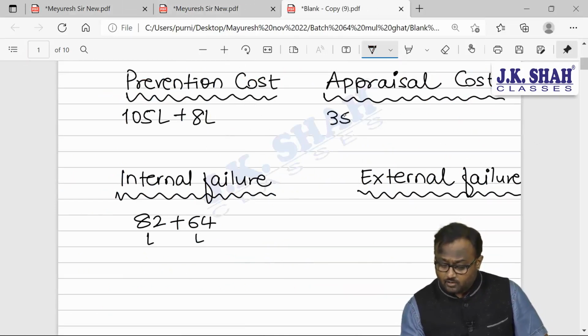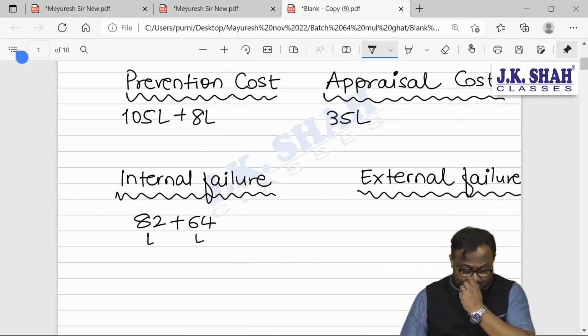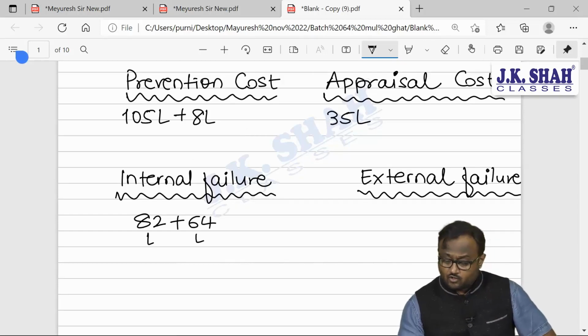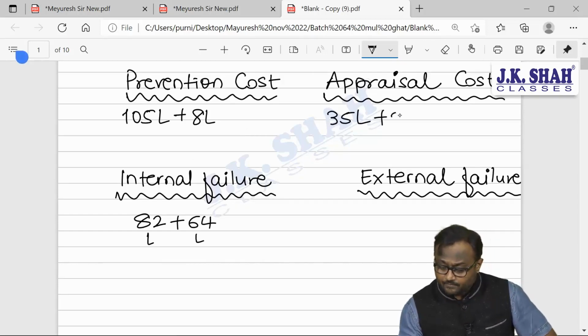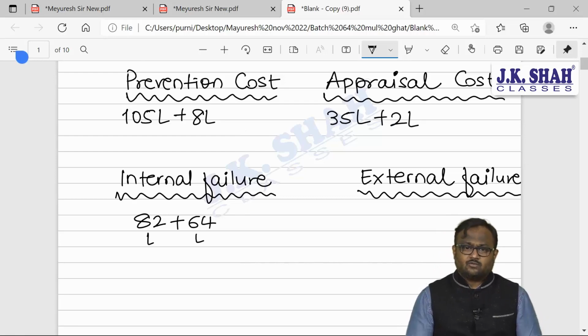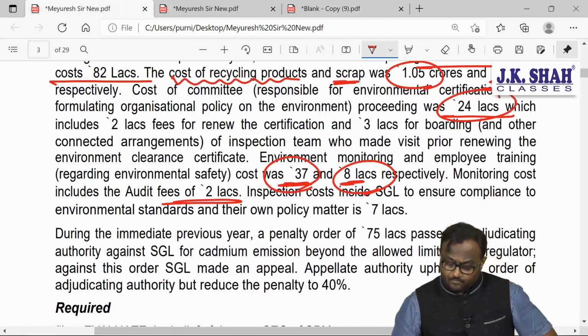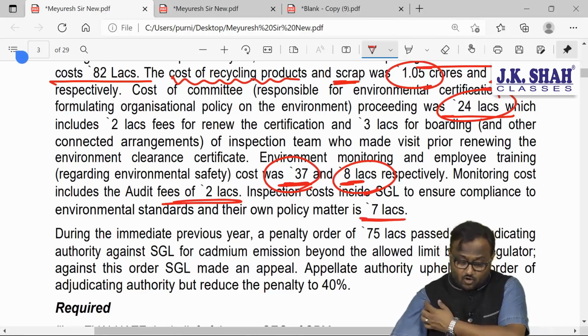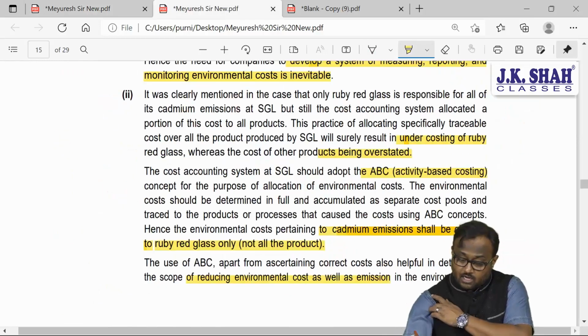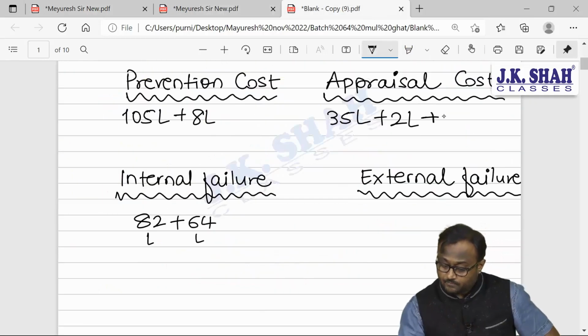I will restrict it to 35 lakhs and 2 lakhs is to be recorded separately. Of course, 2 lakhs will be for the same audit. They are not talking about financial statutory audit. They are talking about environmental audit. Let it be separate. Inspection cost is 7 lakhs. Inspection cost will let me know the current emission status.